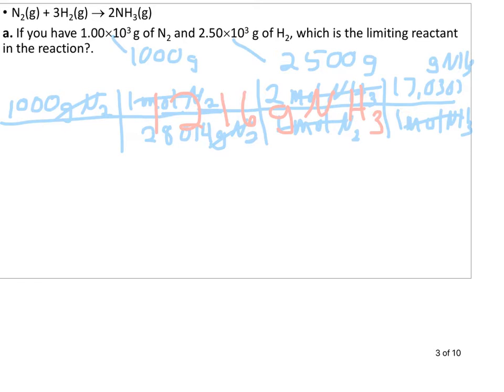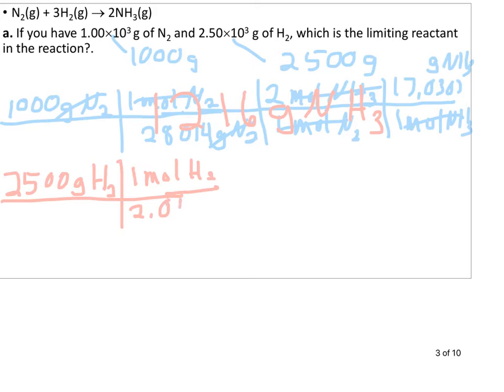And we repeat the process. We'll start with the hydrogen. We got 2,500 grams of hydrogen. 1 mole of hydrogen gas is 2.0158 grams of hydrogen gas.